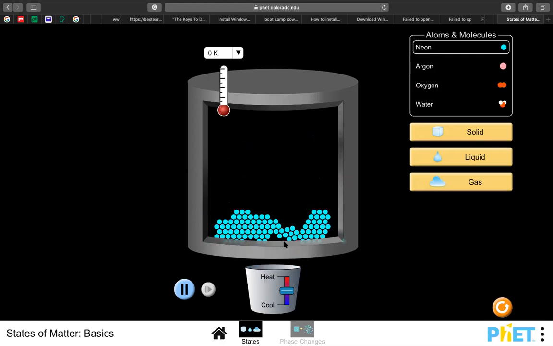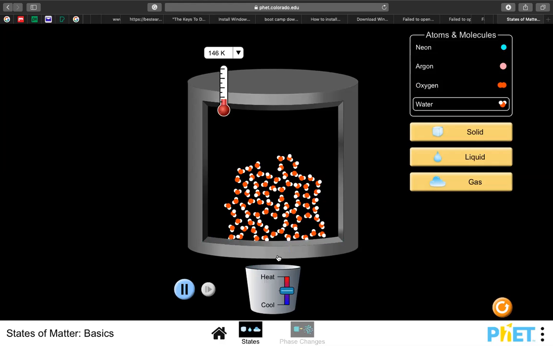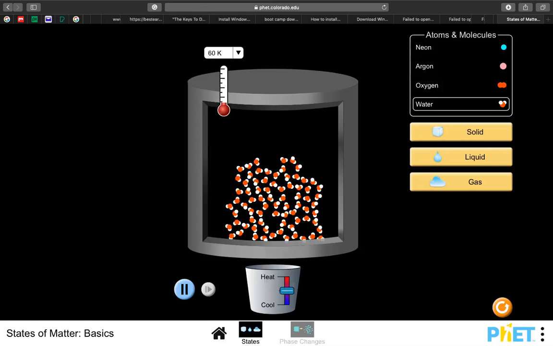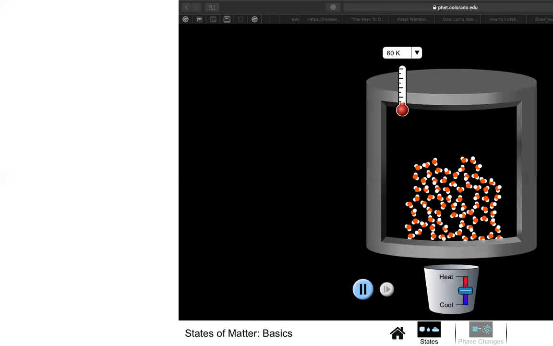Now, if we place it, currently this is in a vacuum, and we have a thermometer here looking at the temperature of neon in this. All right, let's change it to water. The particles start moving. So let's put it back at 0 kelvin.